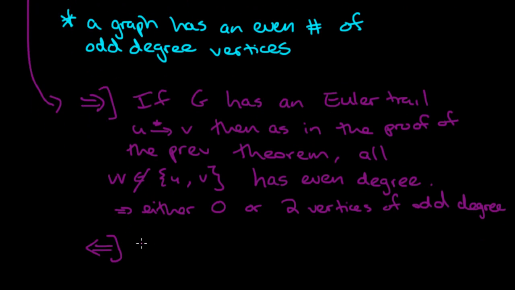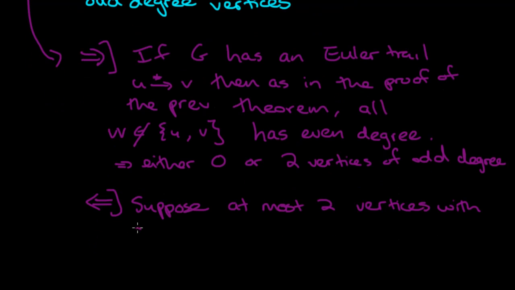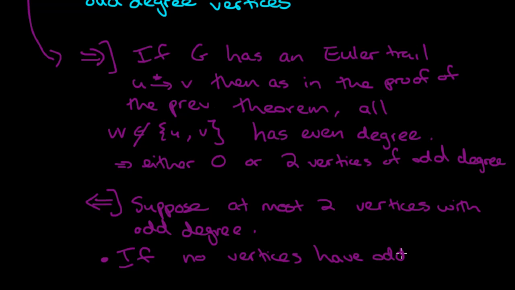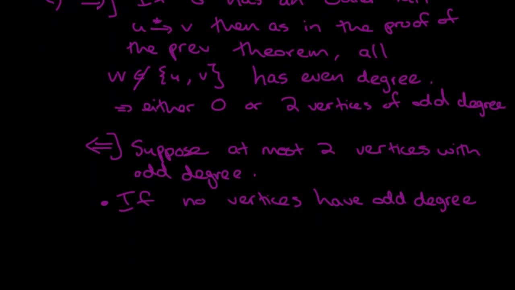So let's suppose that there are at most 2 vertices with odd degree. And now we have 2 possible cases. If no vertices have odd degree, then we know by the previous theorem that there is in fact an Euler tour.